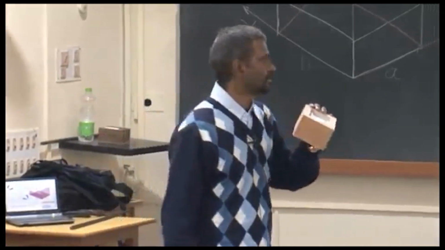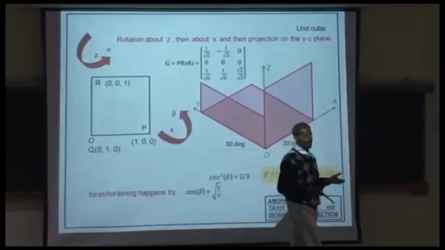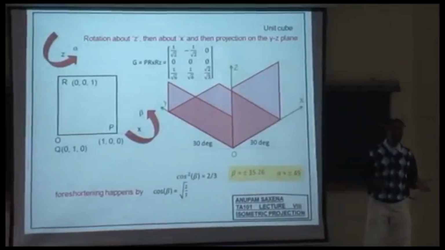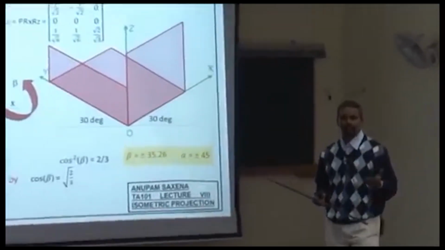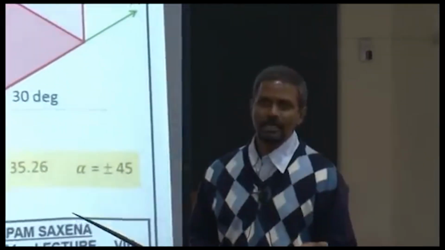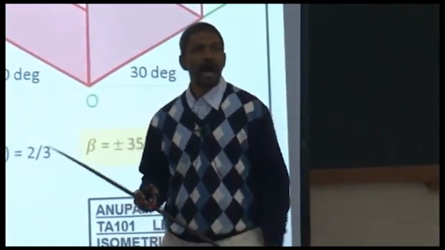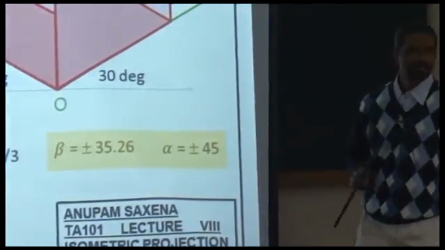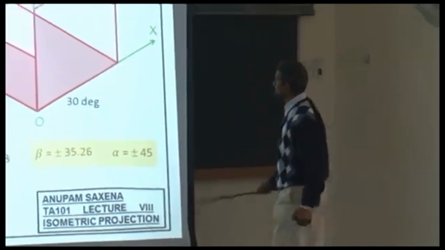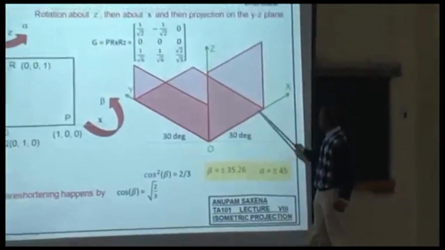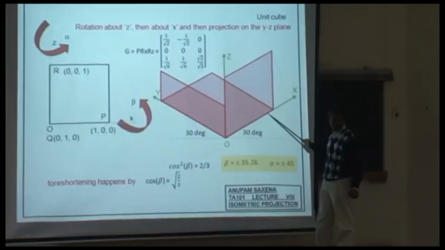Now, once you identify the OX, OY, and OZ axes of the object, it's fairly straightforward for you to identify a point if I give you the coordinates. For example, if I give you the coordinates of any point as 30, 40, and 50, okay, 30 for the x coordinate, 40 for the y coordinate, and 50 for the z coordinate, how will you locate that point on the plane? What you would do is you would go 30 from the origin parallel to the x-axis, right?